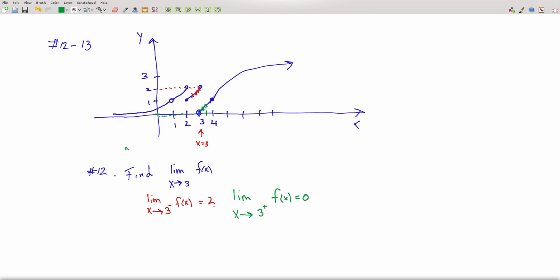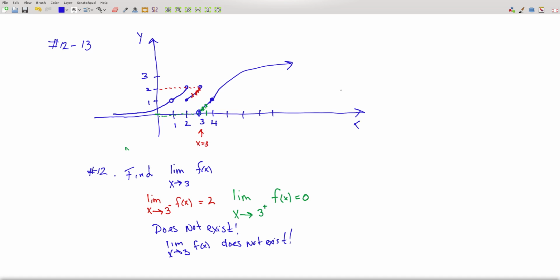The left-sided limit seems to be 2, the right-sided limit seems to be 0, and since they are not the same, we say that the limit itself, the limit as x approaches 3 of f of x, does not exist.